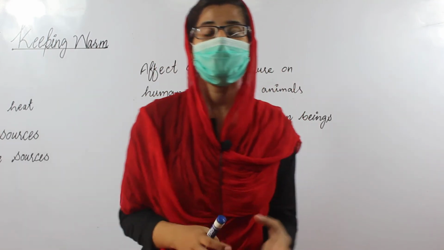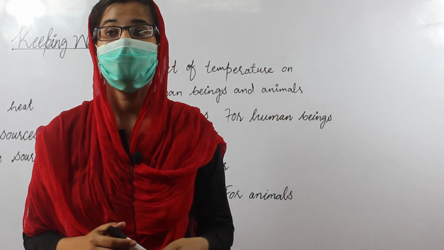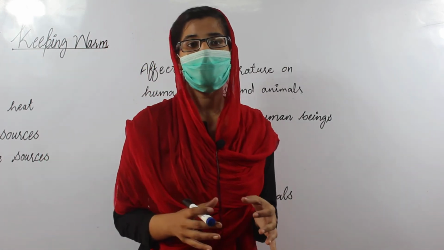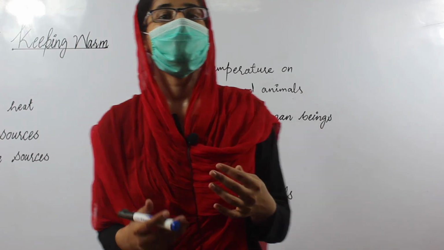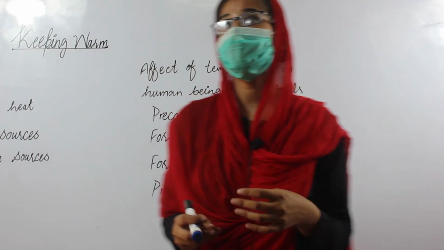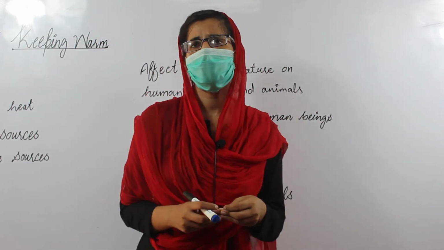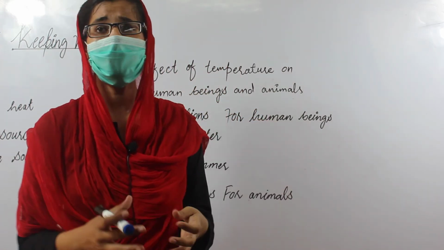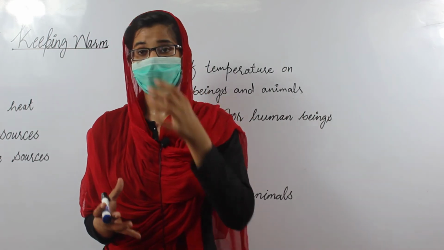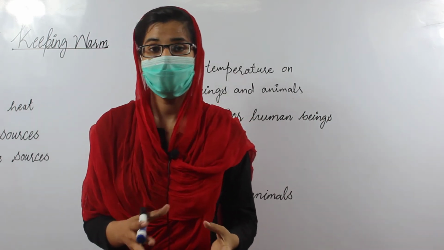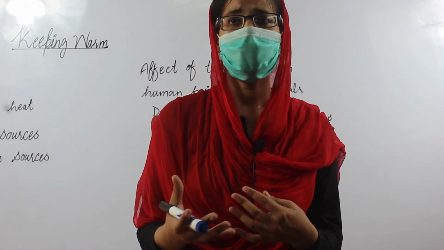And now, how does temperature affect human beings and animals? Temperature affects how animals and human beings live and survive. For example, winter is too cold. The temperature can drop to 0 degrees Celsius depending on where you live.